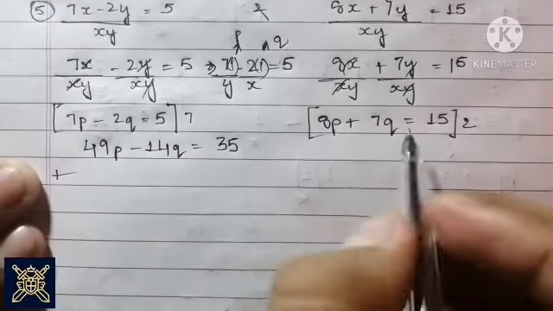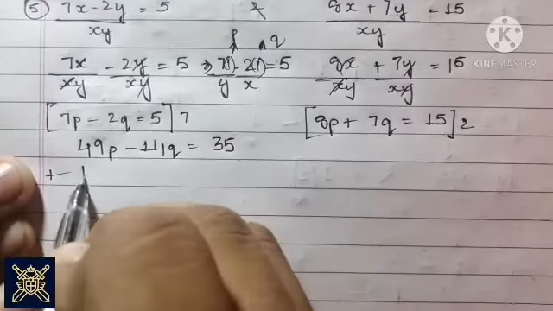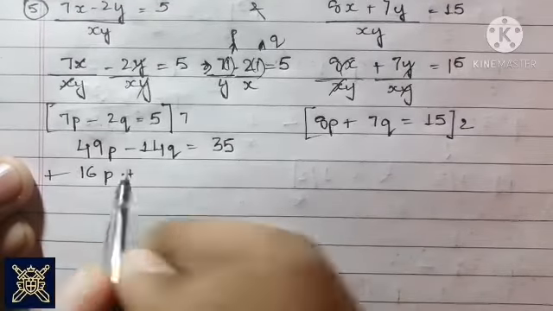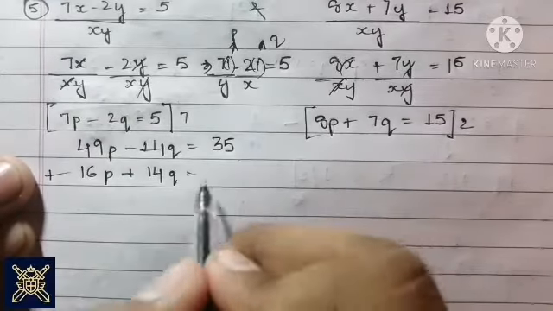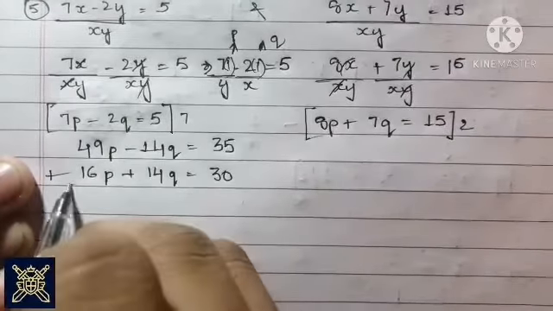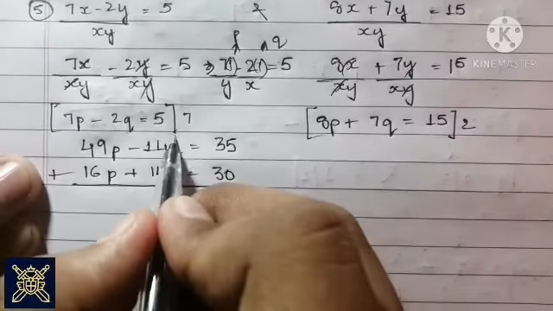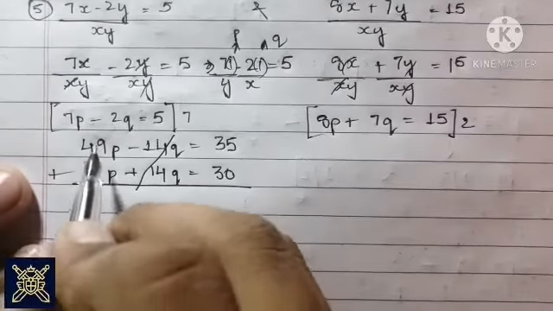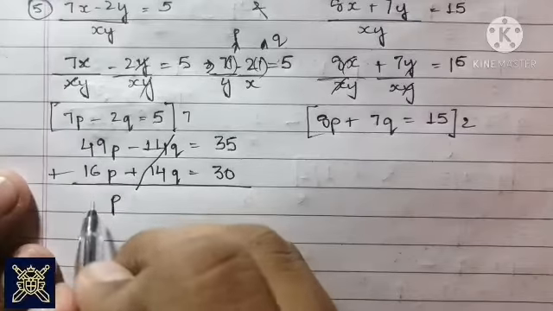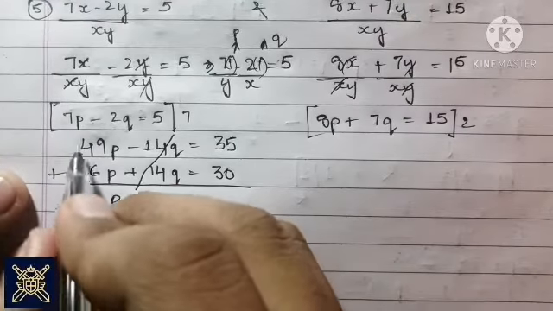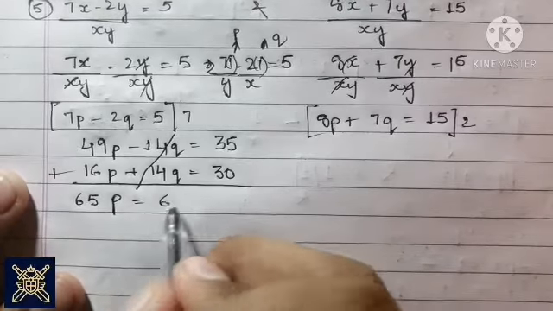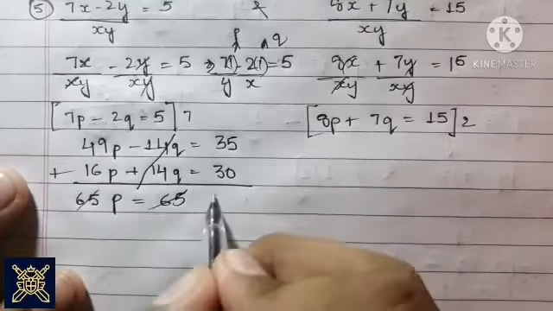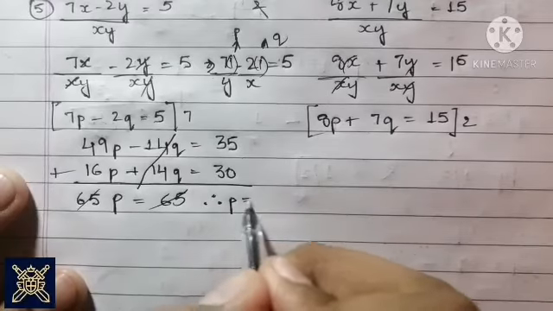I can add the second equation, 2 eights are 16p plus 7 twos are 14q, equal to 15 twos are 30, so that you can eliminate this q. Now you have 49 plus 16, that is 65p, is equal to 65. Cancel the 65, therefore p is equal to 1.